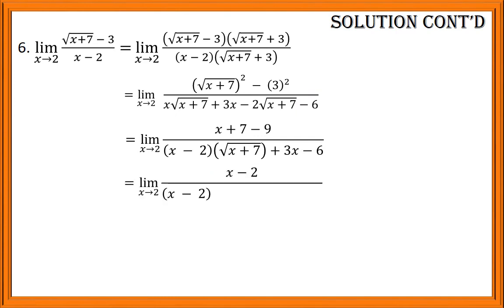This will then be equal to x minus 2, since 7 minus 9 gives us negative 2, all over x minus 2 root of x plus 7 plus 3x minus 6.